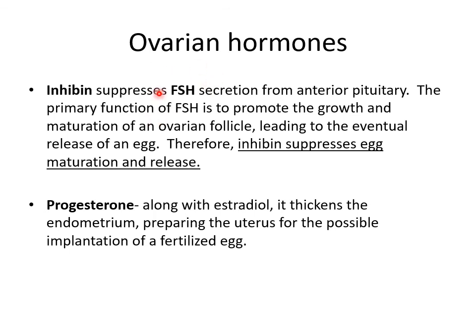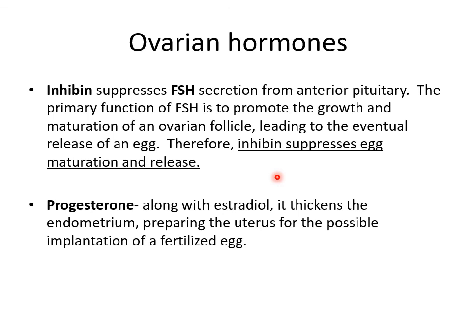Follicle stimulating hormone's function is to encourage the development of new eggs. So inhibin prevents new eggs from being developed. This is very important because if a woman is pregnant, for example, she does not want to ovulate again and potentially become pregnant with developing embryos or fetuses of different ages, because you can only give birth once.